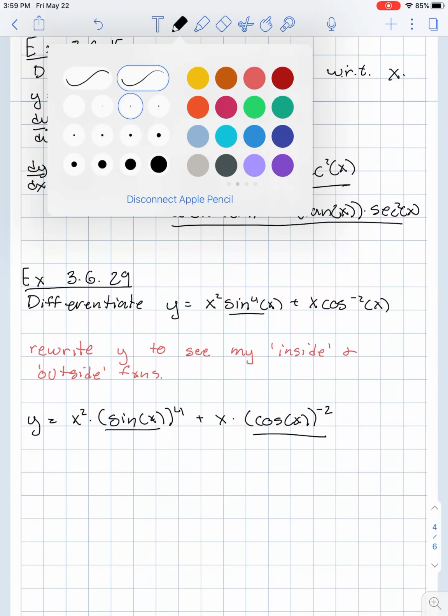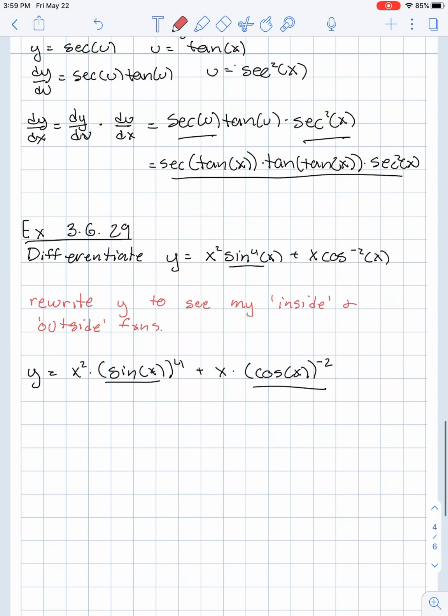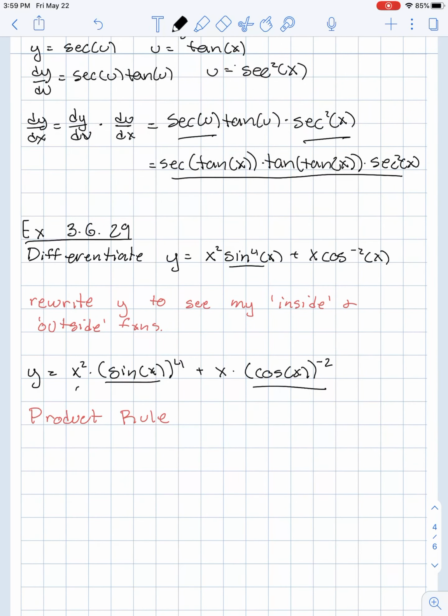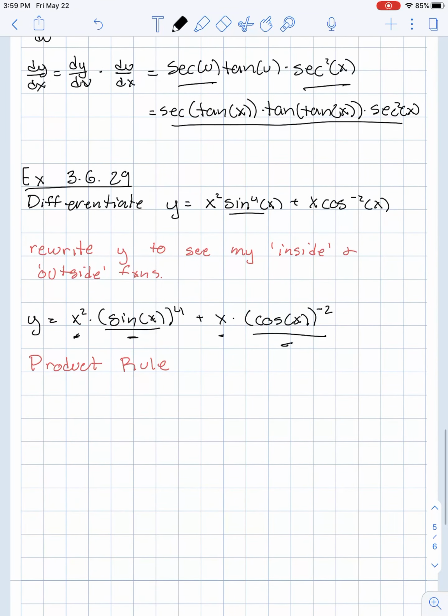So now I have to do chain rule when I'm taking the derivative of this sine and with this cosine. All right, so first, let's do product rule. Because I have a function of x, something with x in it, times another something of x in it, plus something with x, times something with x in it again.